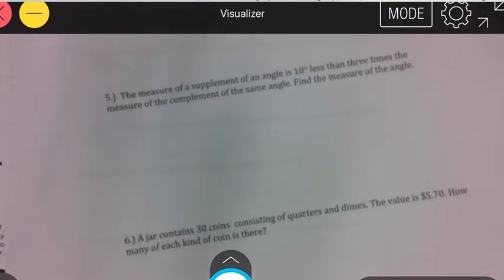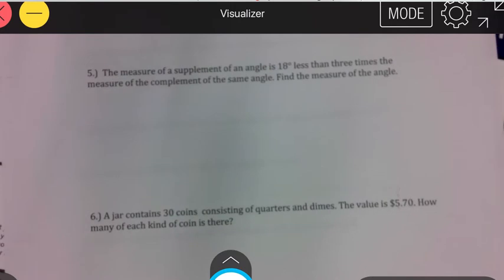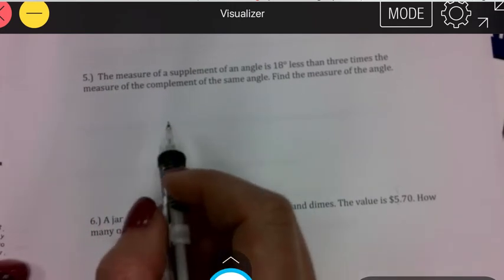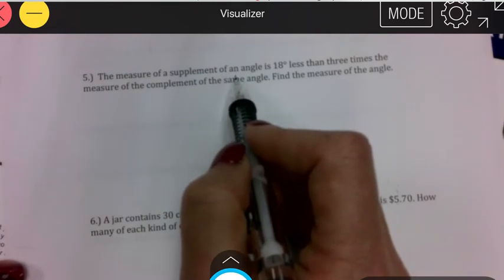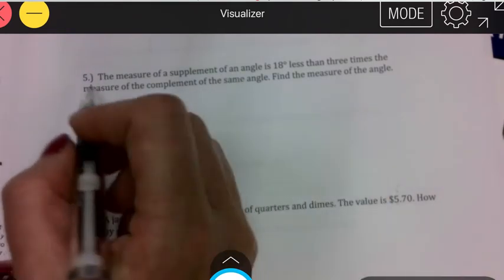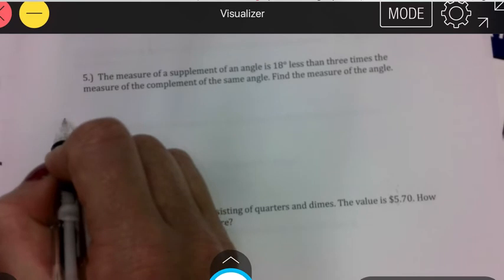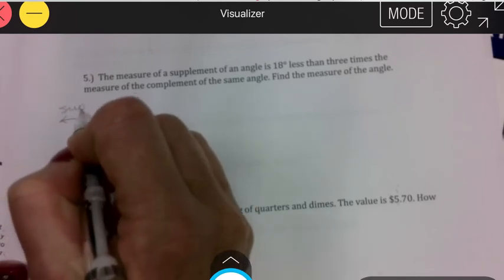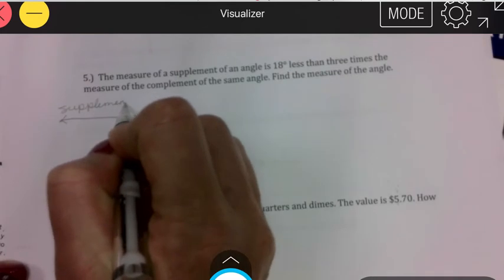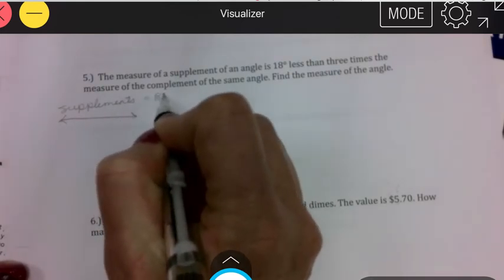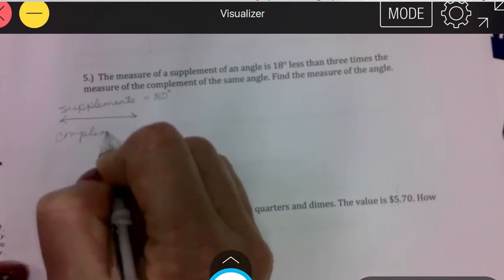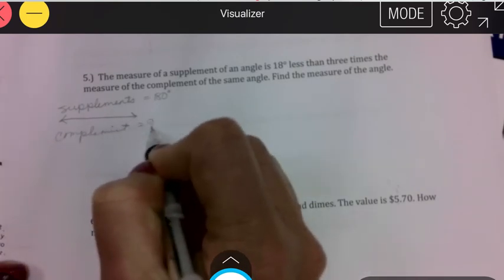Okay, let's look at example number 5. Example number 5 talks about supplements and complements. Now, supplementary angles are angles that add up to be 180. And complementary angles equal 90 degrees.